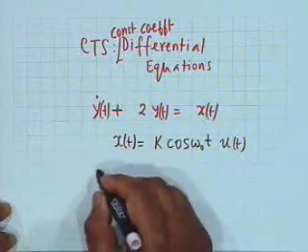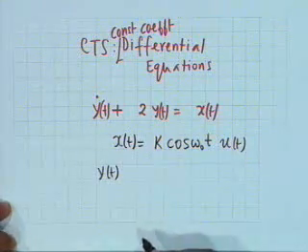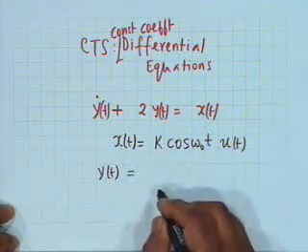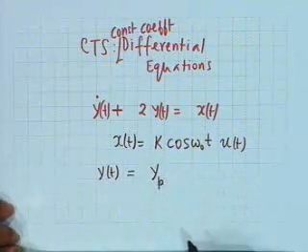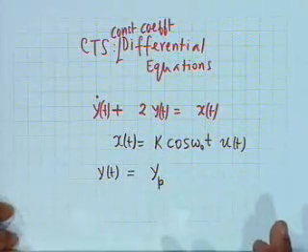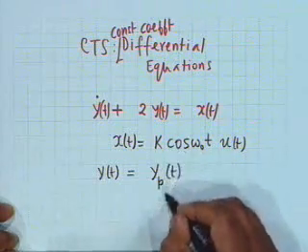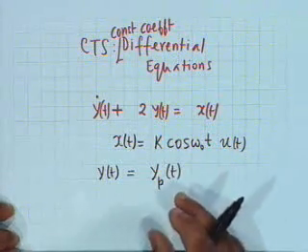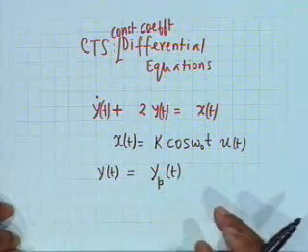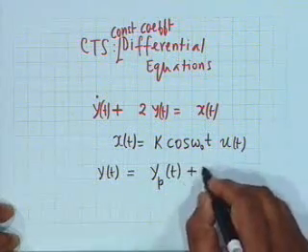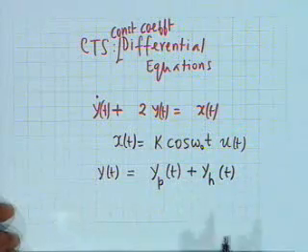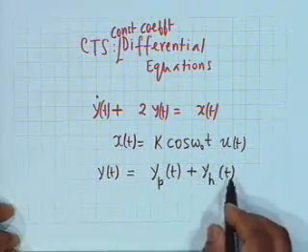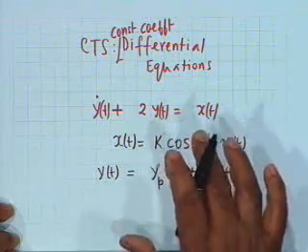And you know that the solution of a differential equation consists of two parts: the solution to the particular excitation x of t, which we shall call y p of t, called the particular solution or particular integral, plus the solution to the homogeneous part of the equation, y h of t, obtained by rewriting the equation with x of t equal to 0. Alright.